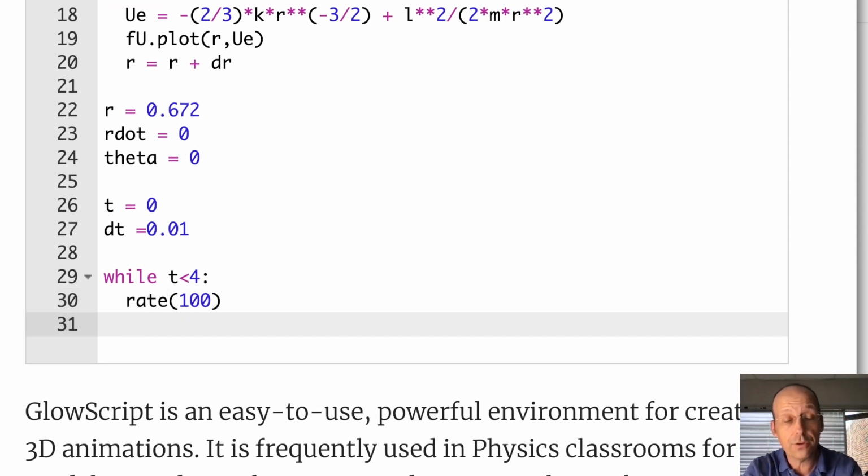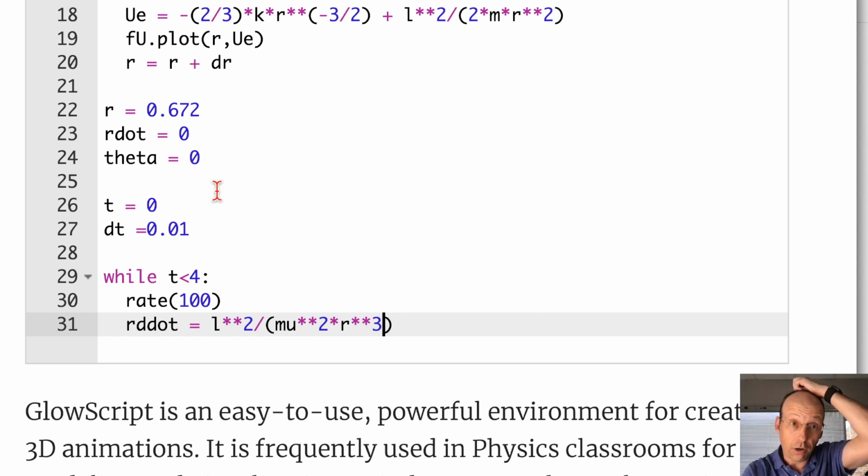The first thing I'm going to do is to calculate r double dot. r double dot is equal to, I'm going to use that equation right there. I already wrote down the equation. So it's going to be equal to L squared divided by parentheses mu squared times r cubed. And so I have r, right? It's 0.672. So I have all those values.